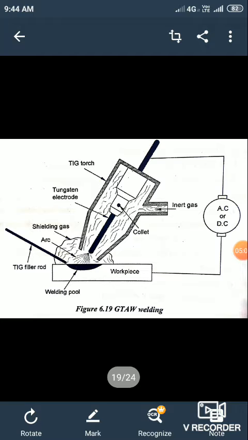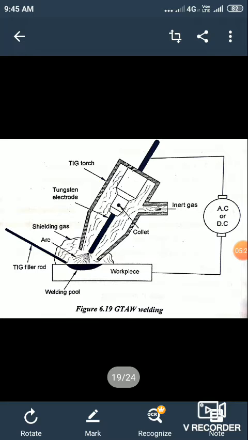Limitations. It is generally restricted to flat and horizontal welding. So vertical and inclined welding is not possible using gas tungsten arc welding. Discontinuities in welds occur due to contamination of the tungsten electrode by the molten metal.